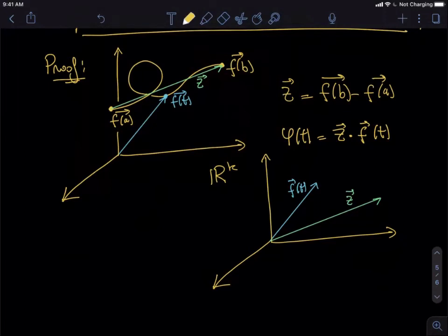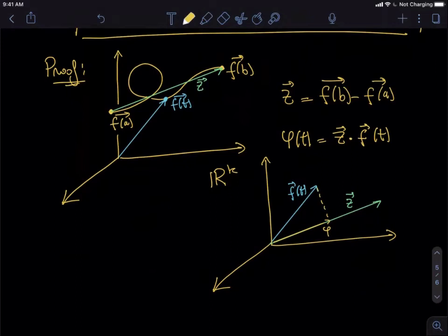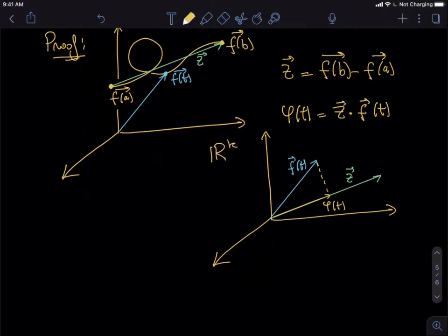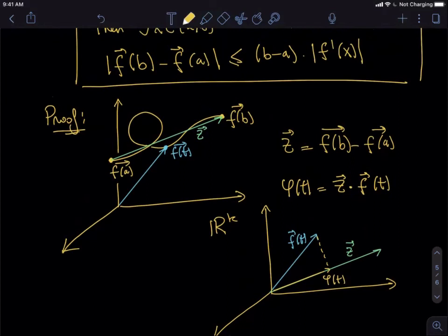So this is phi of t. So let's say it would be something like this. The projection, you need to adjust with the modulus, but we will see about that. All right. So once you have this phi of t, we want to take a derivative.